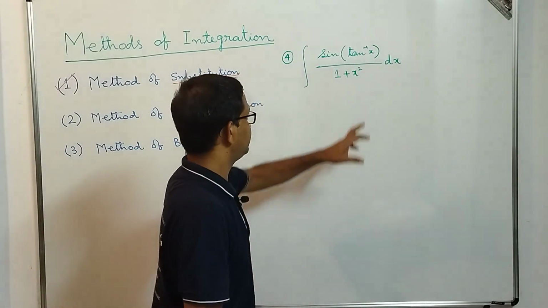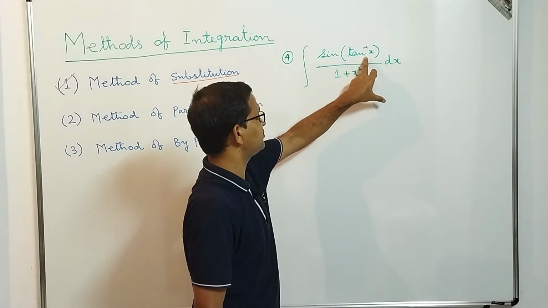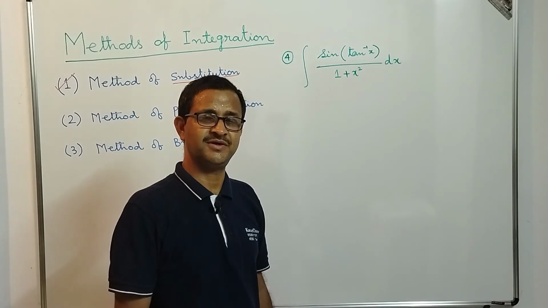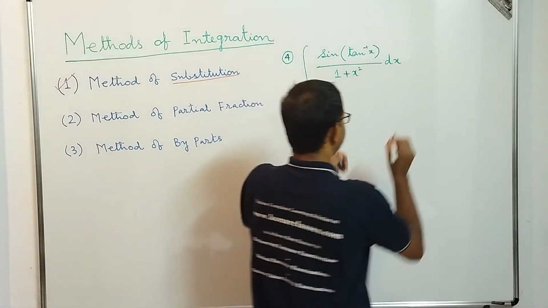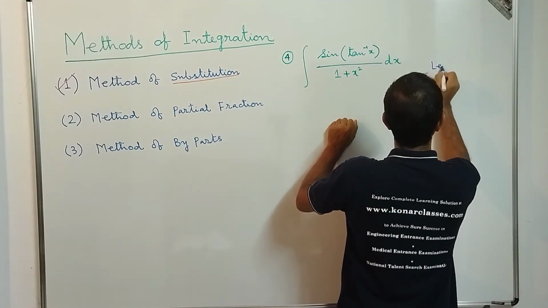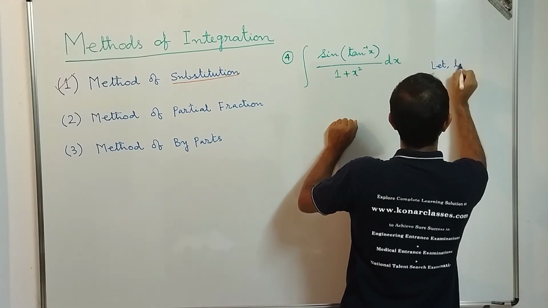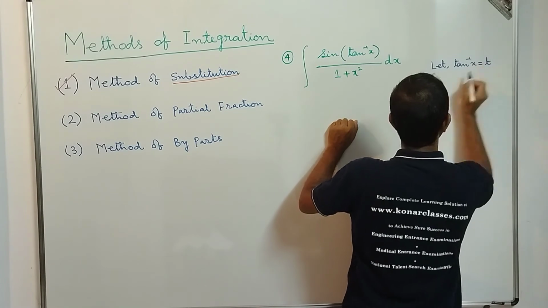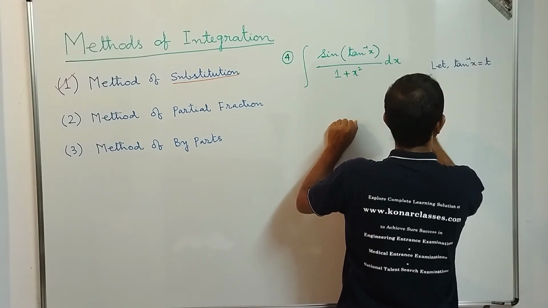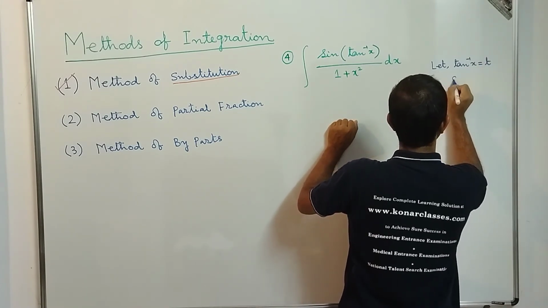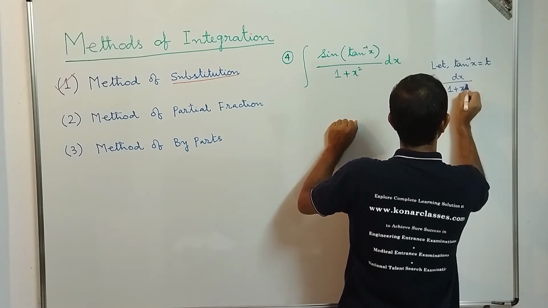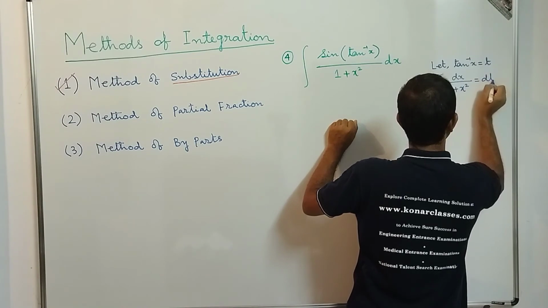How? The derivative d/dx of tan inverse x is equal to 1 by 1 plus x square. So with this knowledge, let tan inverse x be equal to t. That implies, if we differentiate, dx by 1 plus x square is equal to dt.